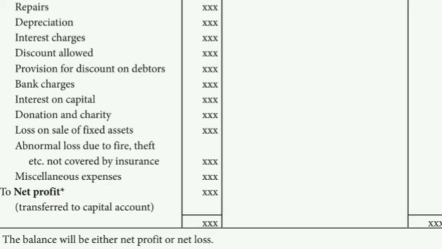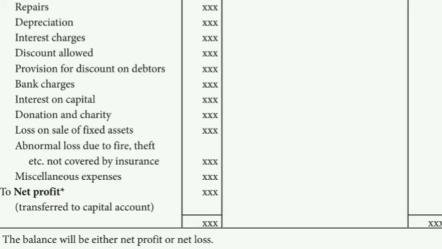So such should be kept as an indirect expenditure. Then bank charges, many folio charges and all charged by the bankers. Then interest on capital, as I mentioned earlier, ownership and business are separated. So for whatever capital that we have received from the owner, we have to pay the interest. So it's a loss for us.